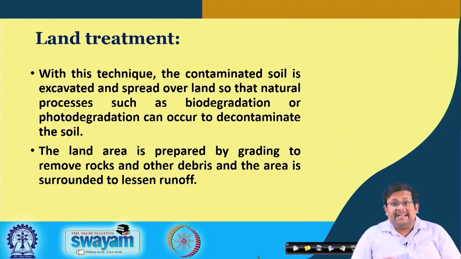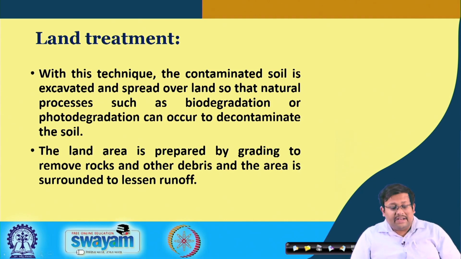Remember, the land area used for land treatment is prepared by grading to remove rocks and other debris, and the area is surrounded by a border to lessen the runoff, because if there is runoff, there will be a chance of movement of contaminant from this contaminated soil to other areas where contamination is not present. So, this is about land treatment.